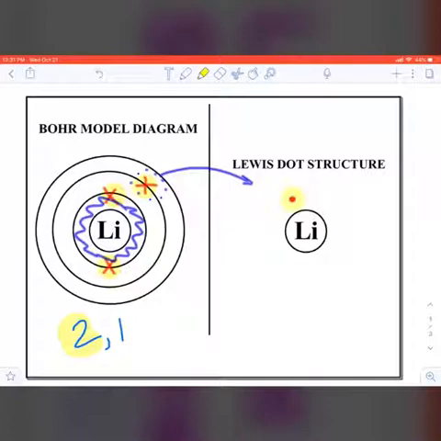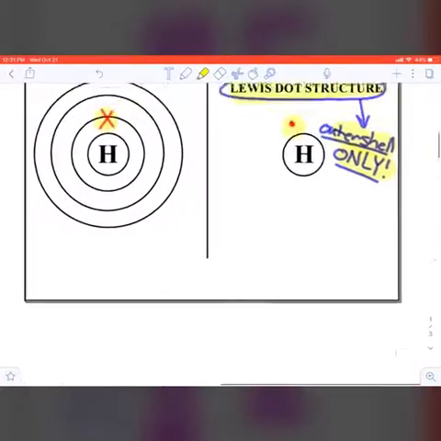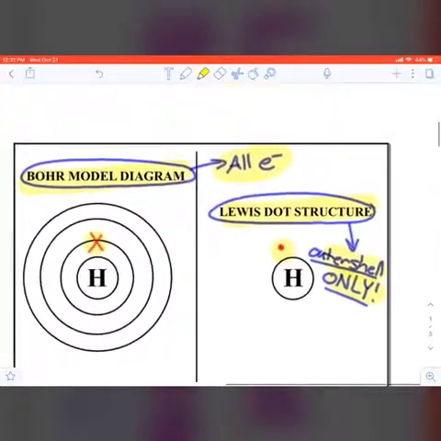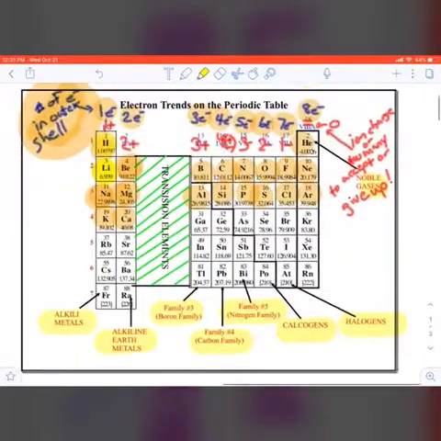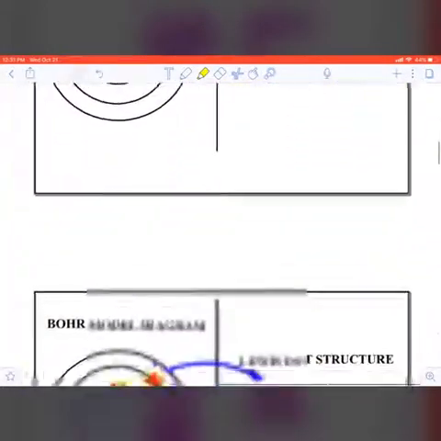And then we're going to put that 1 right there. Well, look at that real quick. That Lewis dot looks a lot like hydrogen, which it should because they're in the same family.